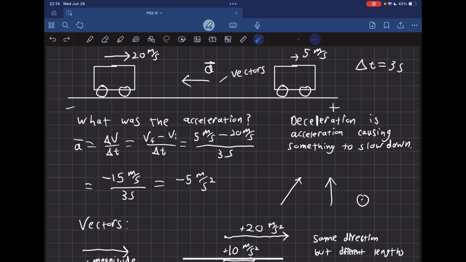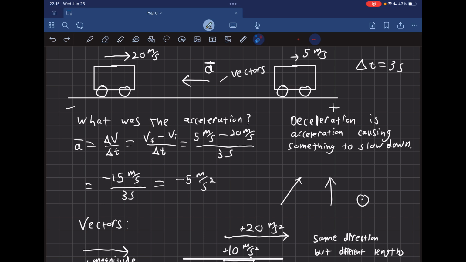So what was the acceleration for this case? Well, we use the equation. Average acceleration is equal to the change in velocity over the change in time. That's the final velocity minus the initial velocity divided by the time. The final velocity is 5 meters a second, and the initial velocity is 20 meters a second, both positive because they're going to the right.